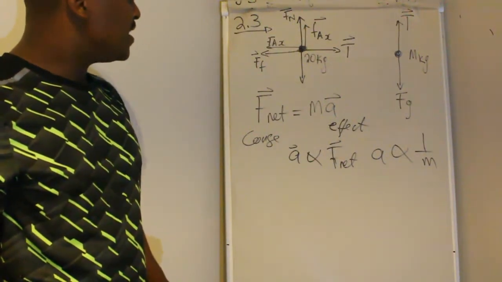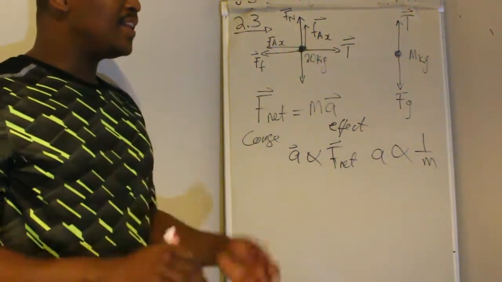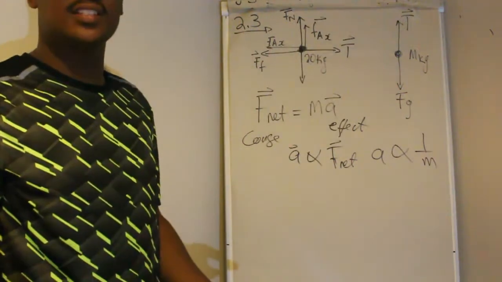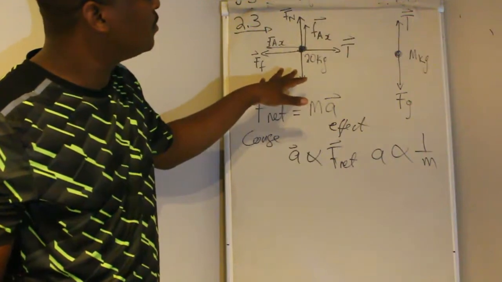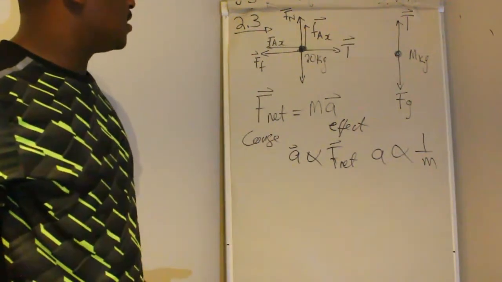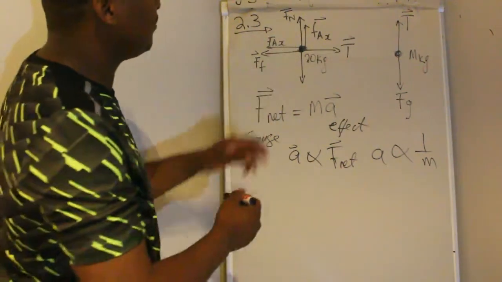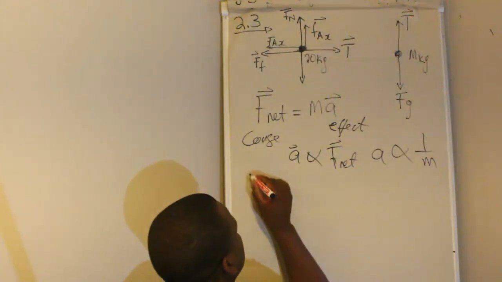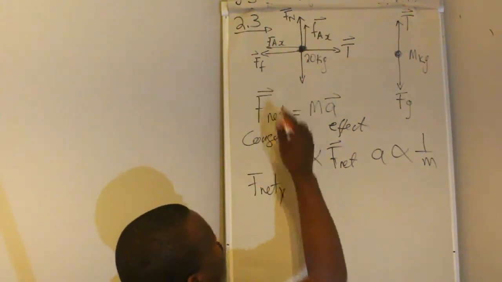Now the net force. We can sum all these forces, because the net force is the sum of all forces acting on an object. But let's take the vertical forces only. Let's say F net in the y direction of the 20 kg block.